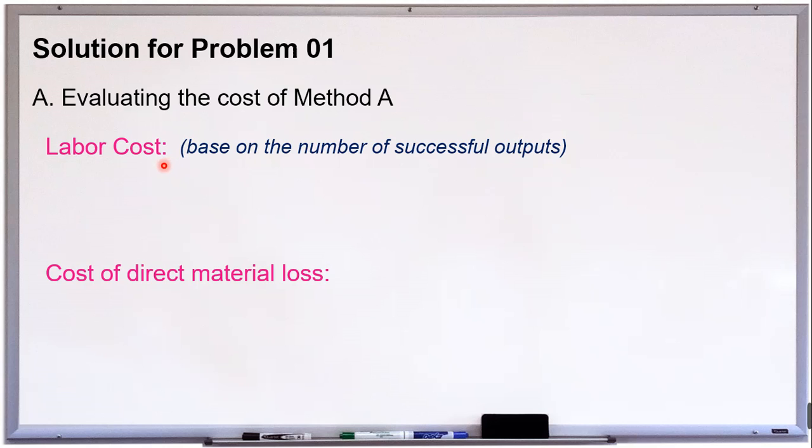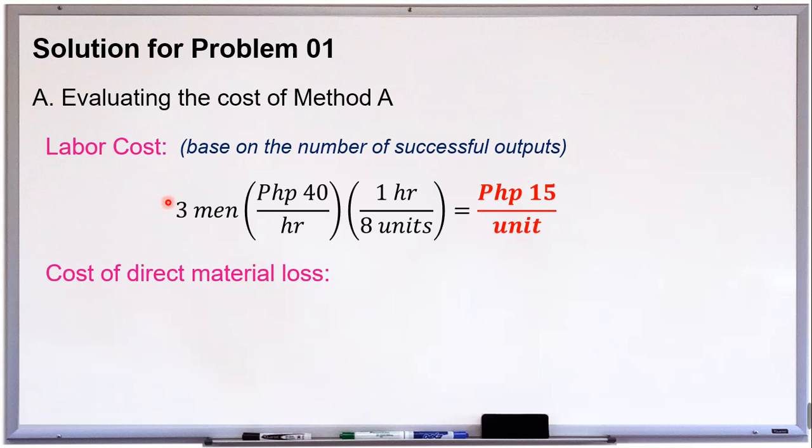To compute the labor cost, simply multiply the number of workers involved, that is 3 men for method A, by the rate per person, that is 40 per hour, and divide by their production speed, that is, the successful outputs they can produce in 1 hour, which is only 8 units. So the labor cost is 15 pesos per unit.